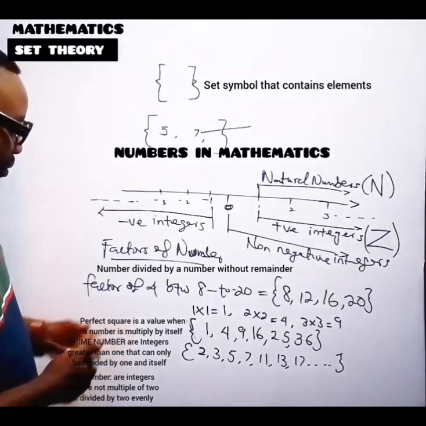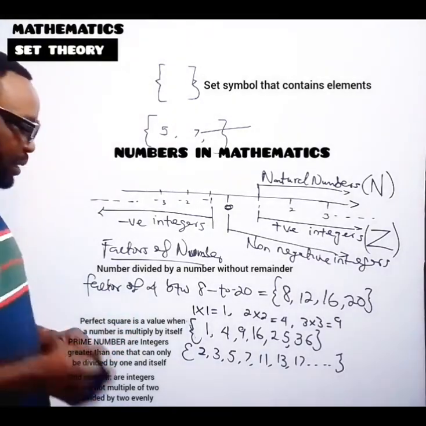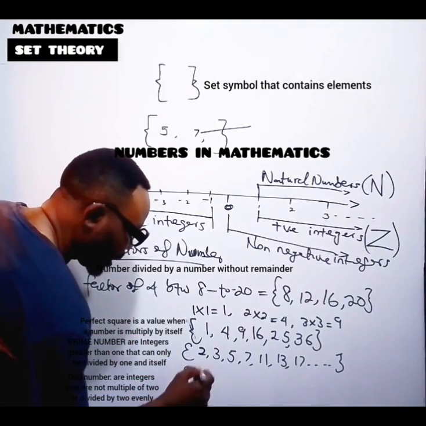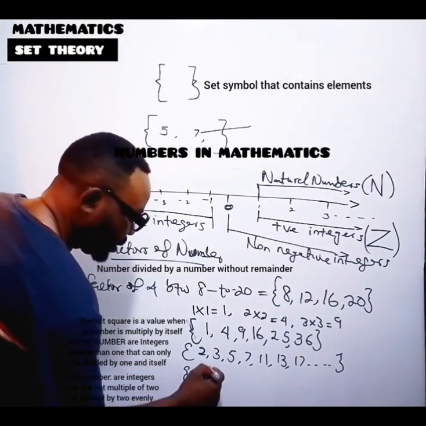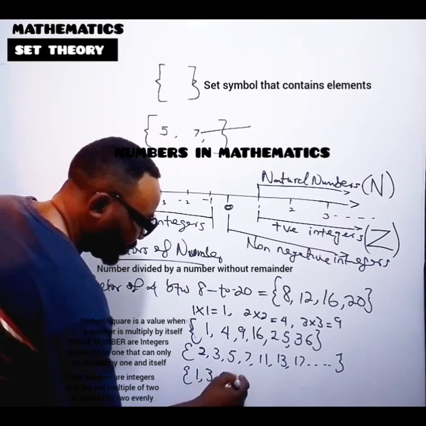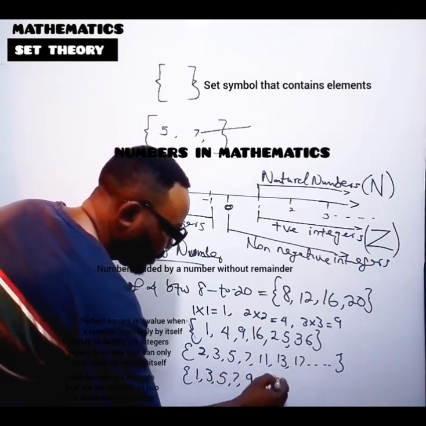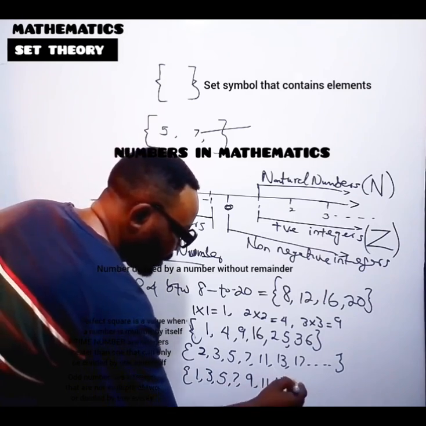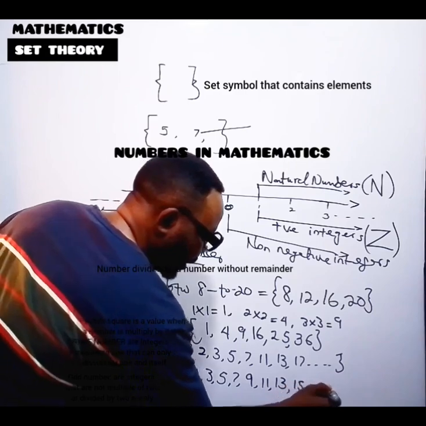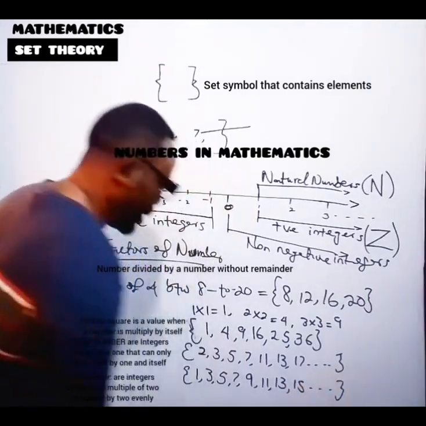Examples of odd numbers: odd numbers start from 1, 3, 5, 7, 9, 11, 13, 15, and so on and so forth.